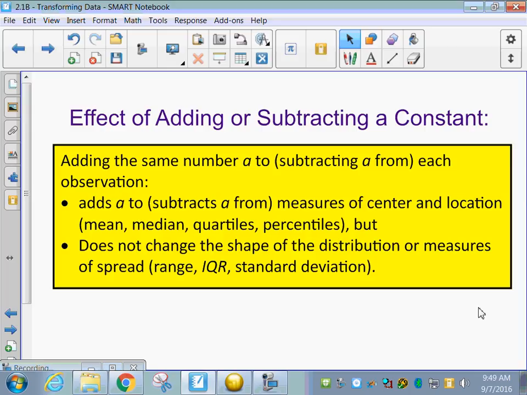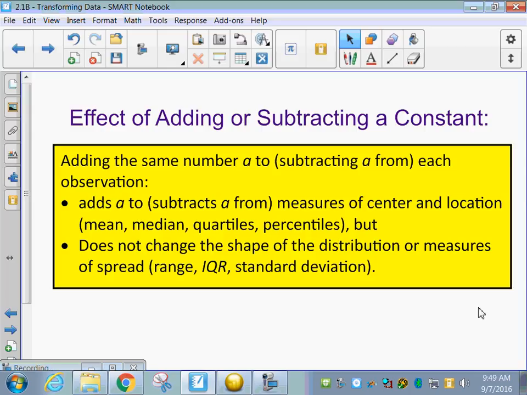What happens when we add or subtract by a constant? If you add or subtract, it will add or subtract that amount from your measures of center and location. So the mean will drop by 12. The median will drop by 12. The quartiles will drop by 12. It does not change the shape.